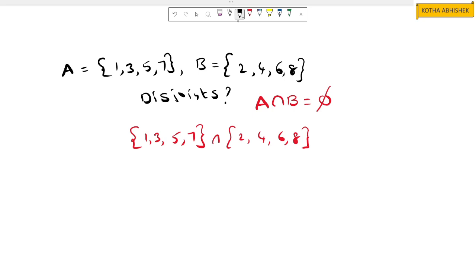So no element is common, so we will write it as an empty set, that is opening and closing the bracket or else with 0 slash. So this is the representation of empty sets. Since no element is common, we can say that these two sets are disjoint sets.